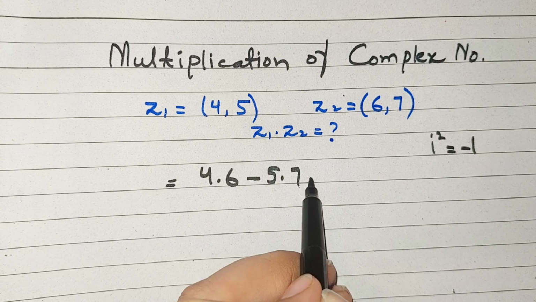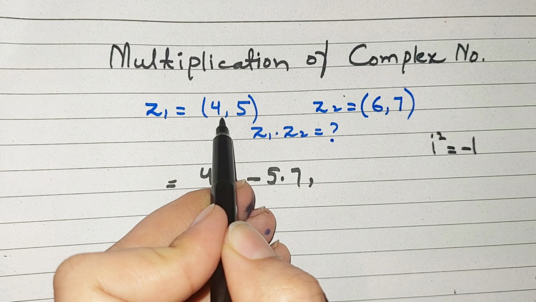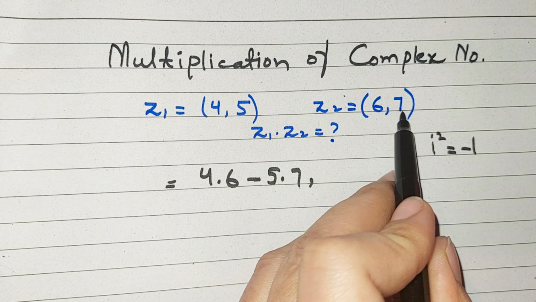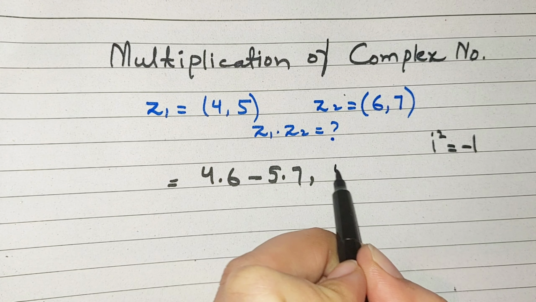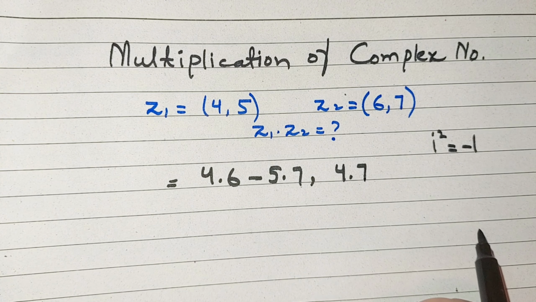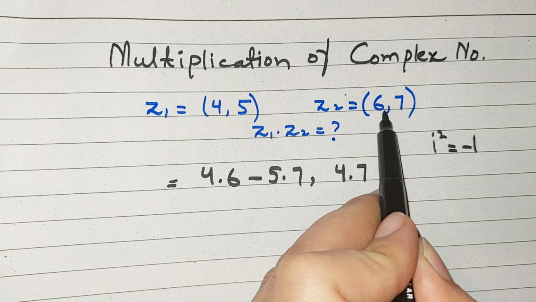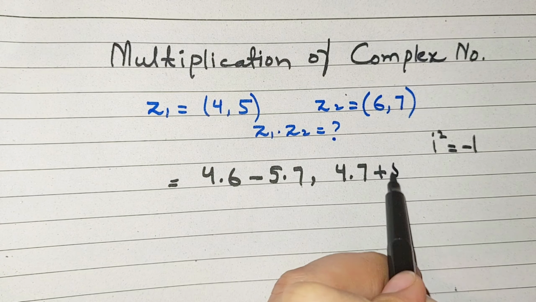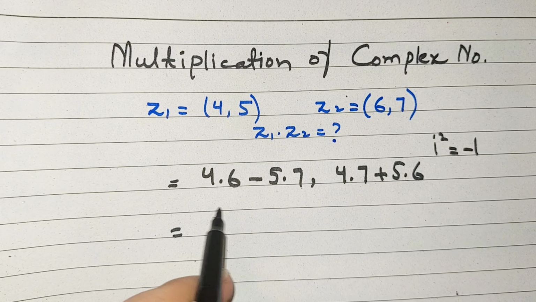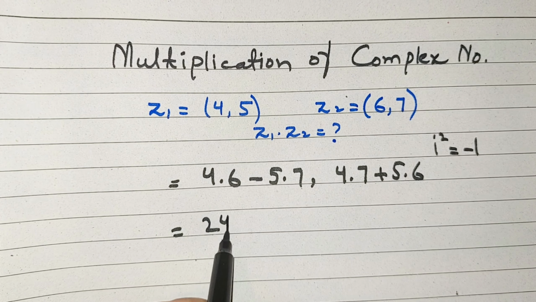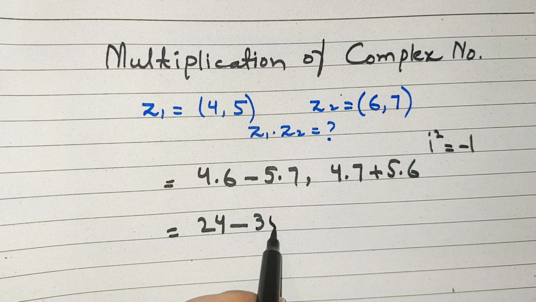Again we multiply this 4 with 7. Our real number is getting multiplied with the imaginary number, so we don't need to change the sign. We will just simply write 4 multiplied by 7, and further this 5 will be multiplied with this 6, so we will write 5 multiplied by 6 here. So 4 multiplied by 6 gives you 24, and minus, here it will be 35.